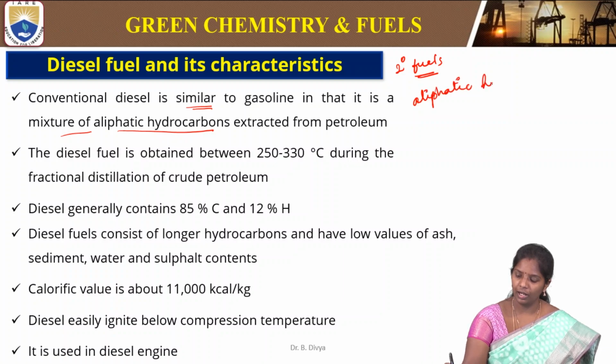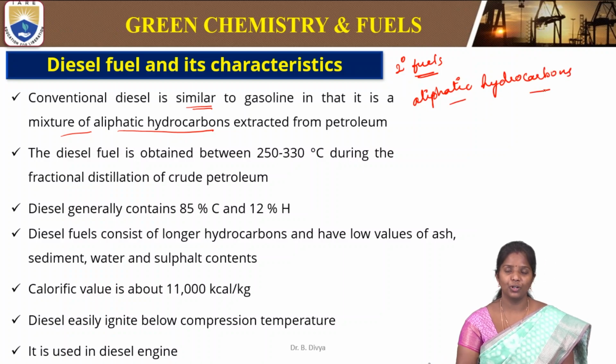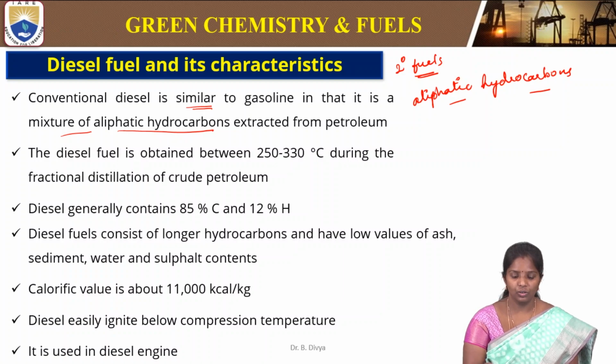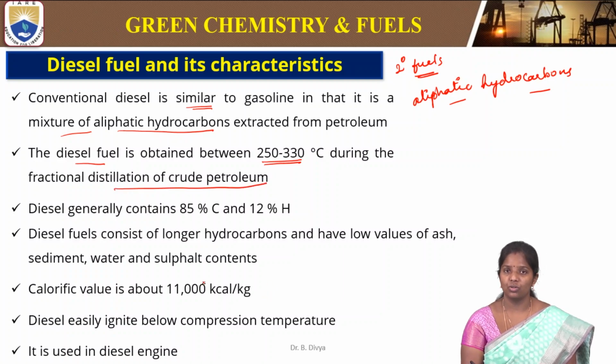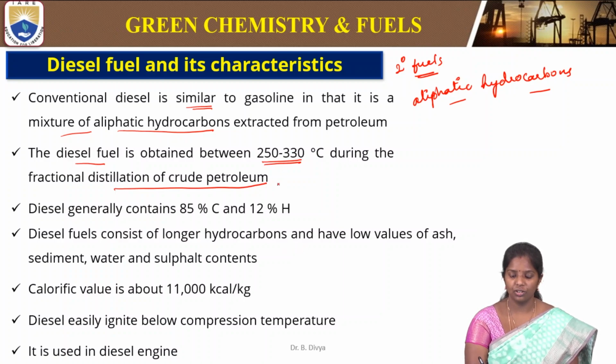Aliphatic hydrocarbons, that is why it will have a higher flash point than gasoline. Diesel fuel is obtained during fractional distillation of crude petroleum at a temperature of 250 to 330 degrees centigrade.